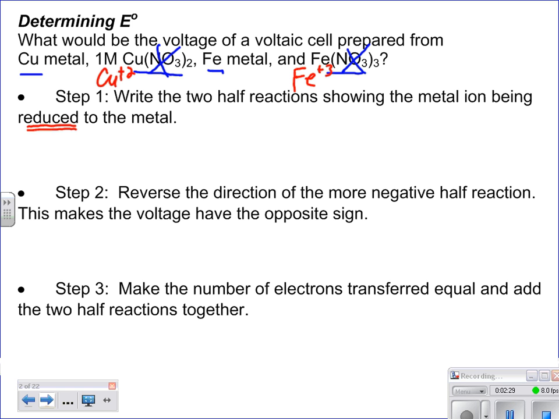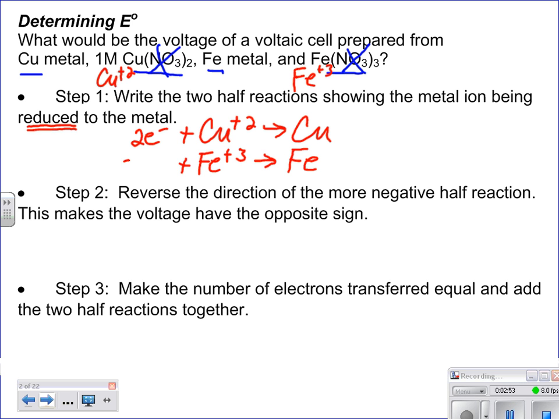When we write that down, we have copper plus 2 going to copper, and iron plus 3 going to iron. Again, I did this as a reduction half. In other words, in both of these reactions, we are gaining electrons.